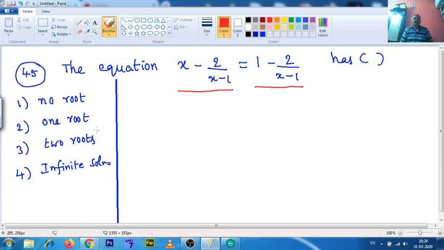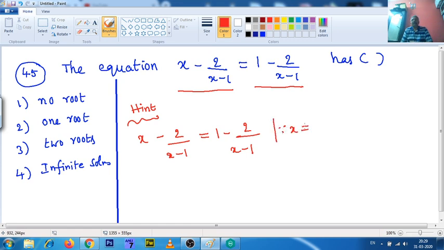Next, here see, x minus 2 by x minus 1 equals 1 minus 2 by x minus 1. If you want to cancel the 2 by x minus 1 on both sides, one condition needs to be satisfied.